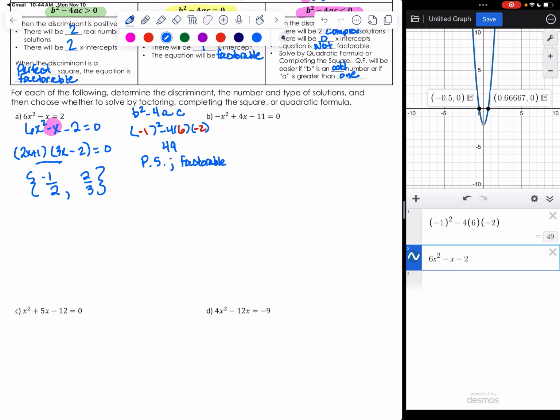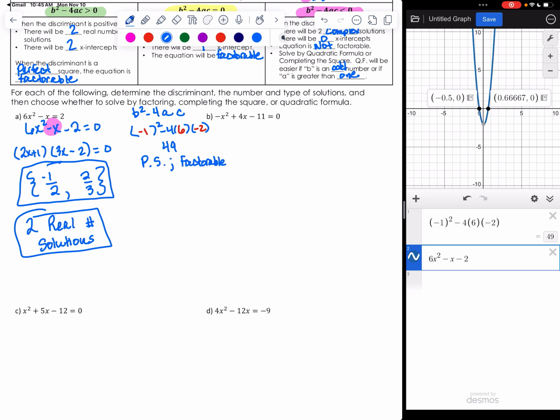So there are our two real number solutions. And I do believe that it asked us to state that, so I'm going to write that down. Two real number solutions. I forgot that part.